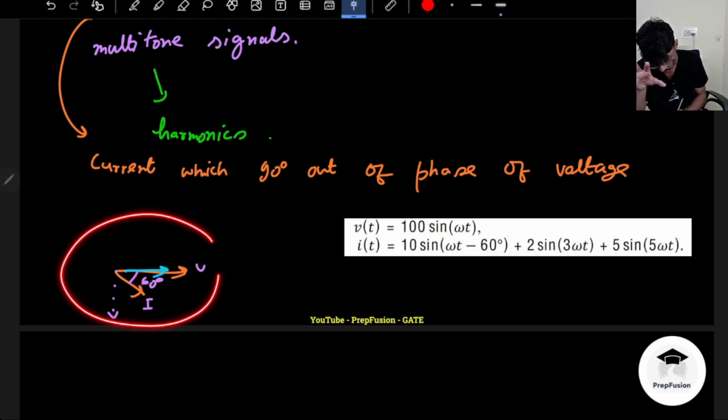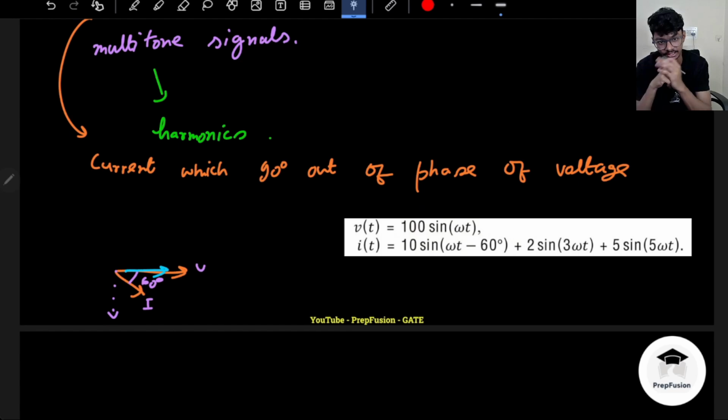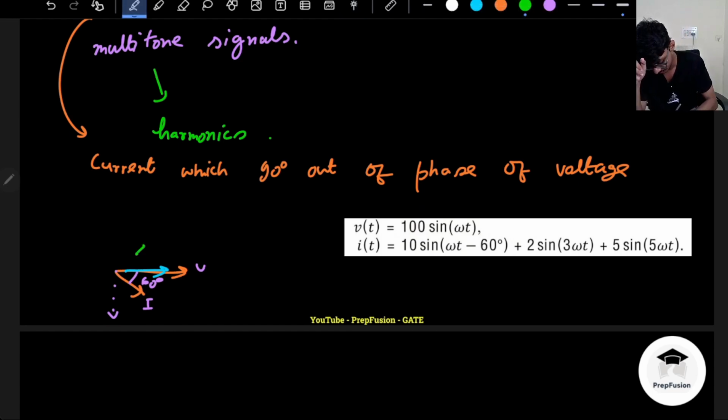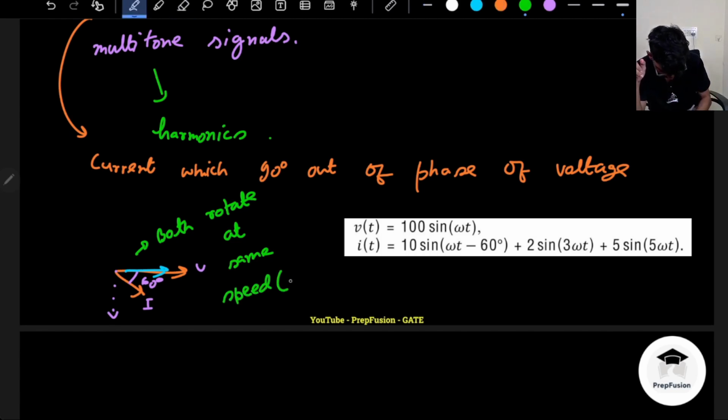That's why I can draw them both in the same phasor diagram. Both rotate at the same speed, omega.